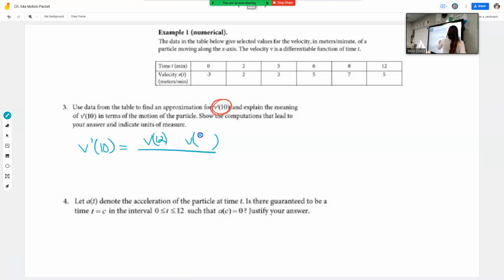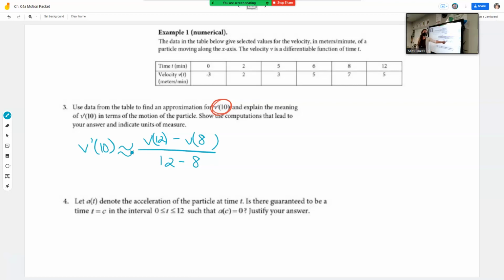12 and 8. Remember the final minus the initial? So this is exactly what I was just talking about, except I was saying it was talking about velocity. It's not. The slope is talking about what? Acceleration. Now I can't say equals. MVT guarantees there will be a place, but at 10, I don't know if it happens at 10.